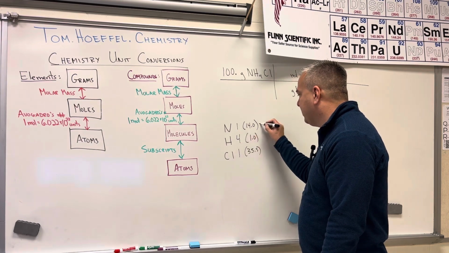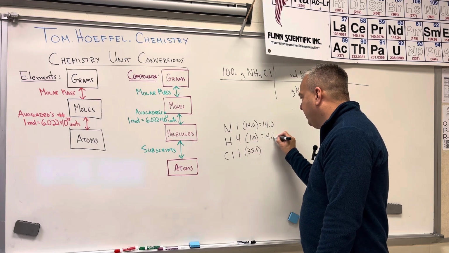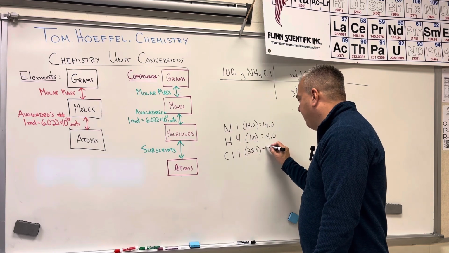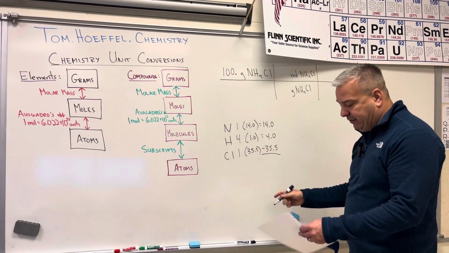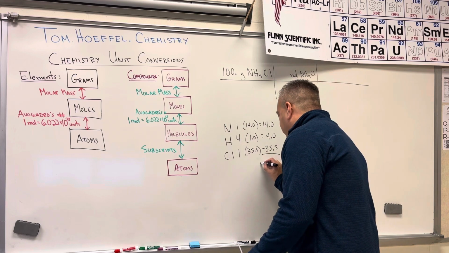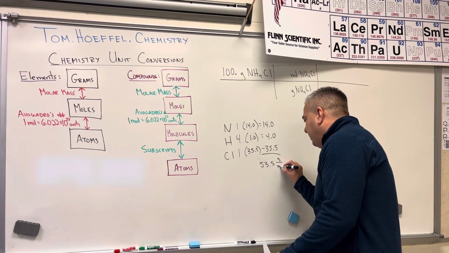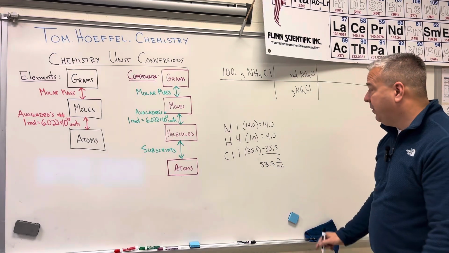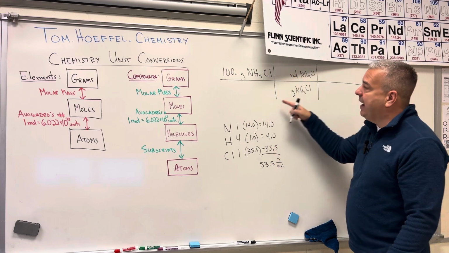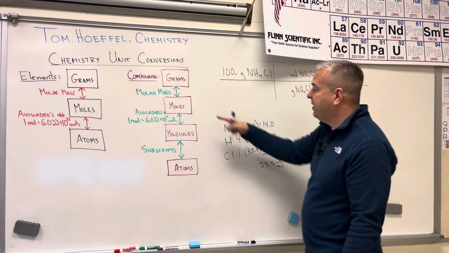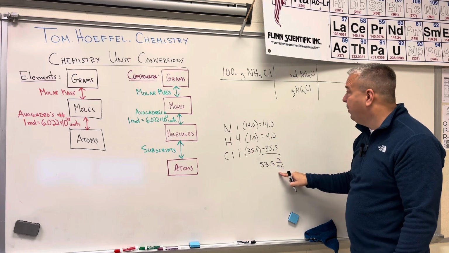So 1 times 14 is 14, 4 times 1 is 4, and 1 times 35.5 is 35.5. If I add everything up, this comes out to be 53.5 grams for every 1 mole. This is the molar mass, and that's the conversion factor between grams and moles. It says 53.5 grams for every 1 mole.